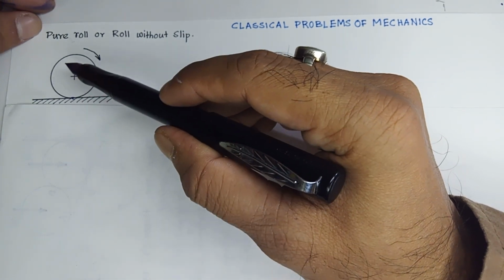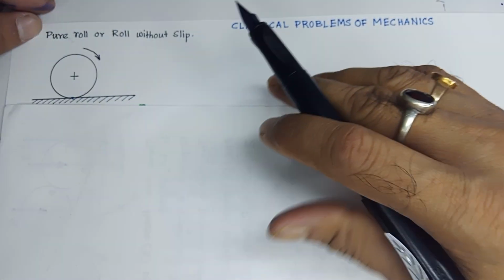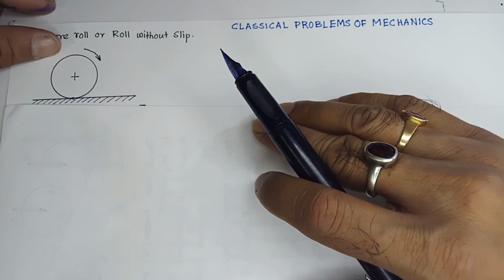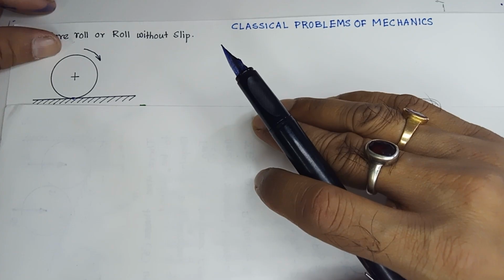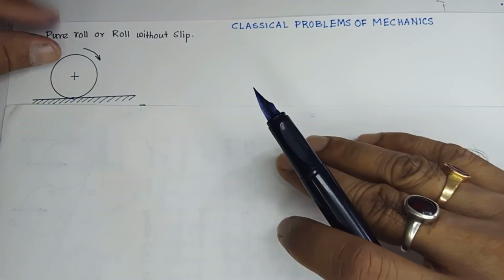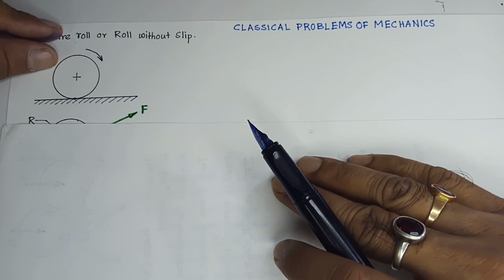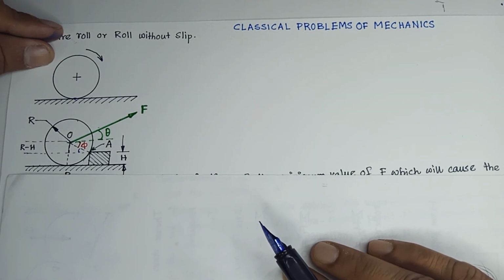Now we know this problem. Today's problem will be a little more difficult, or a little changed from the one that we see now. Here we have one obstacle on the path like this.